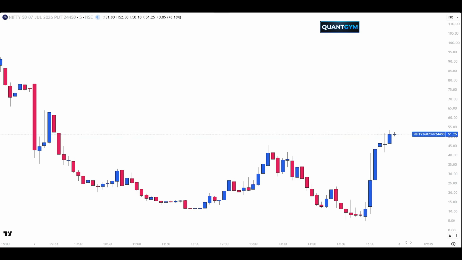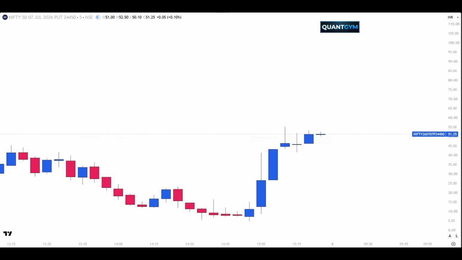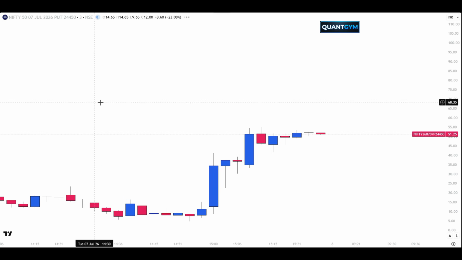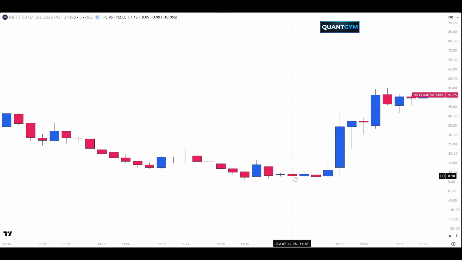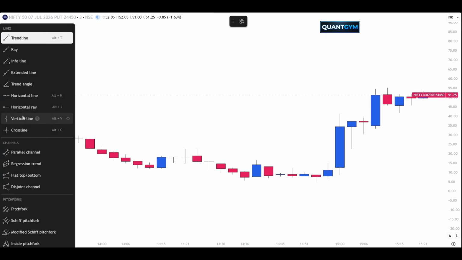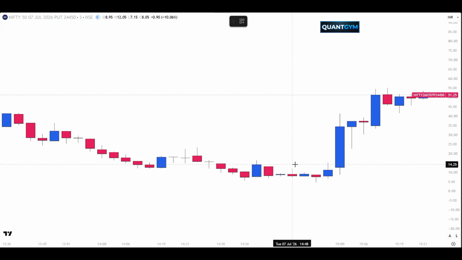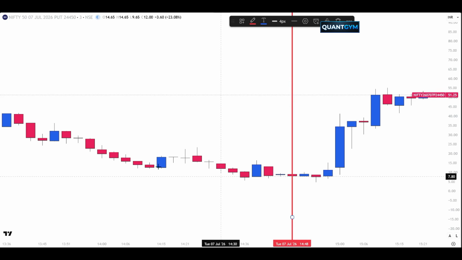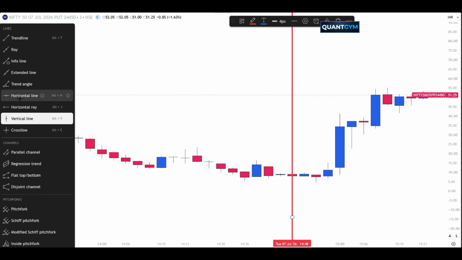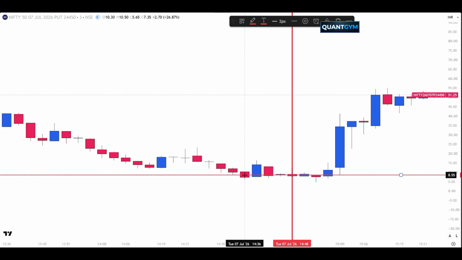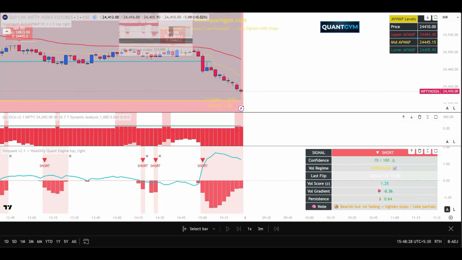So if you are looking at 2:45, let me change into 3-minute. This is actually the 24,450 put. 2:45 is this bar, 2:48. And the price of the put at that point of time was 8 rupees 50 paisa.